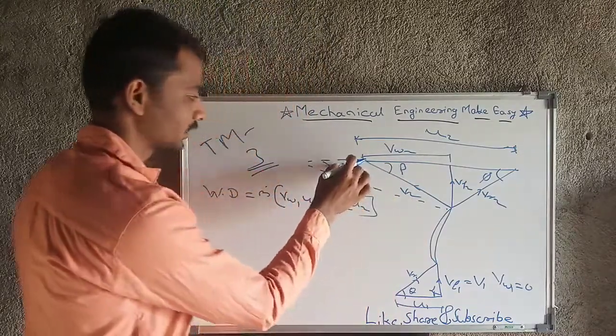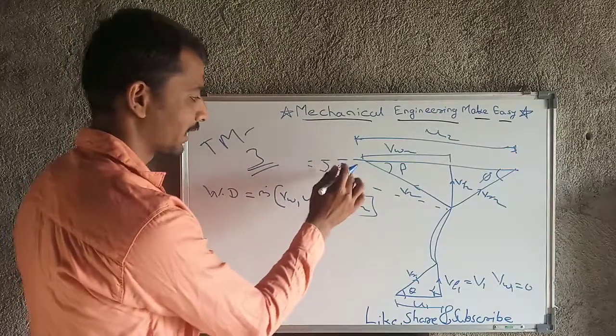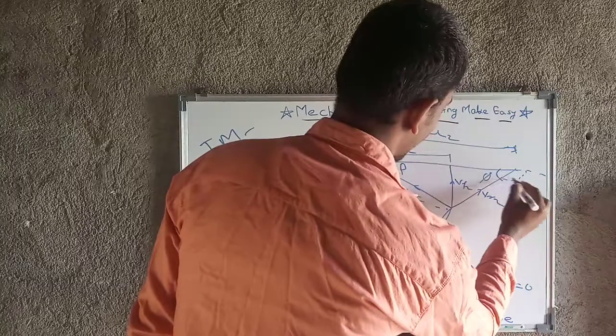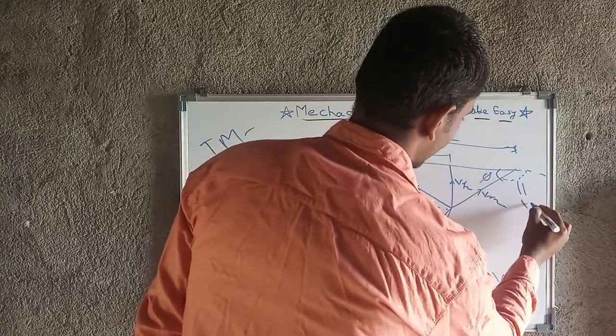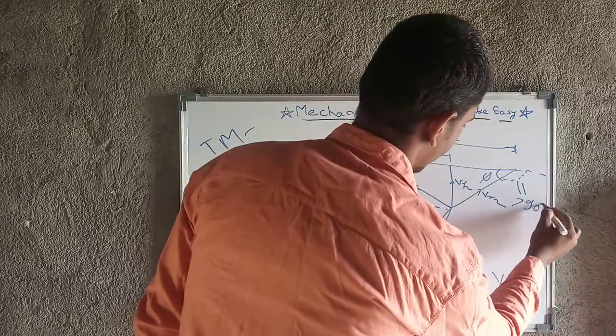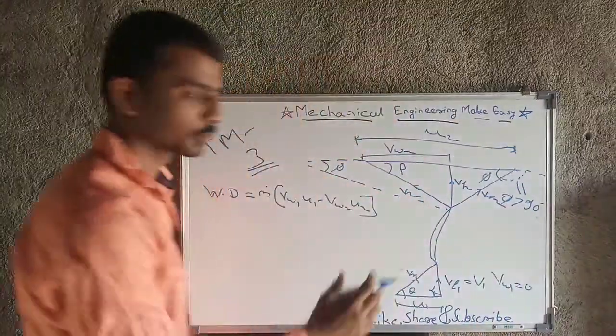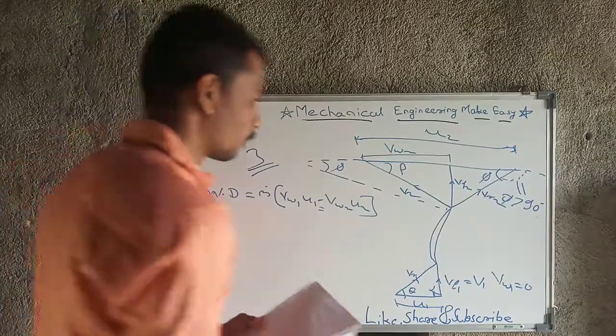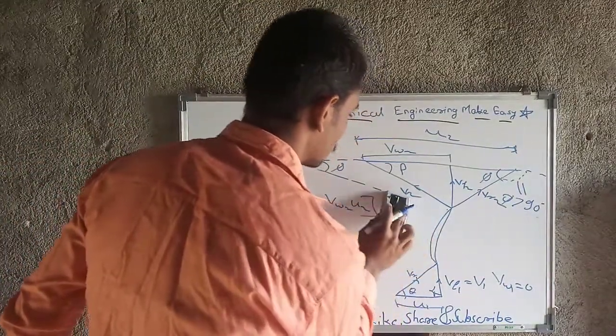So the actual value of phi is less than 90 degrees there, and here if we consider that phi, it will be greater than 90 degrees, and that's why this negative sign came here. This is only for your clarification, don't draw this.